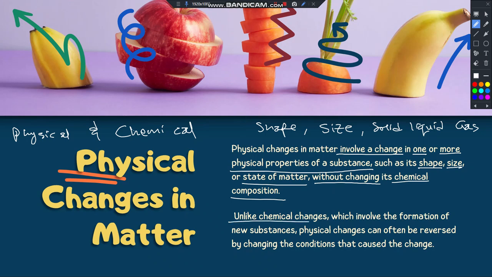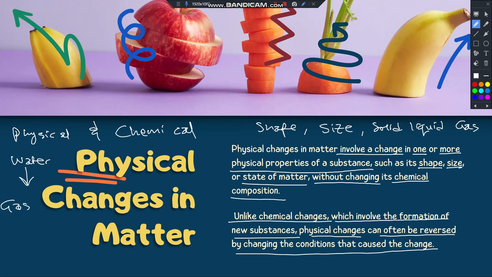Now, unlike chemical changes, which involve the formation of a new substance, physical changes can often be reversed by changing the conditions that cause the change. Now, I'm going to give you a very good example. Let's say you have some water in liquid form. You heat the water and then some of it becomes a gas, steam.